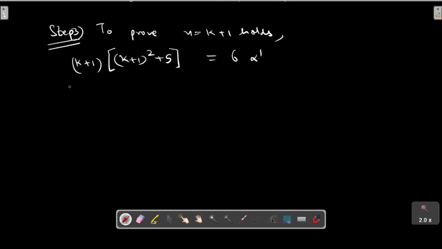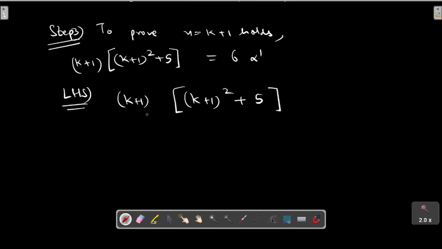Okay, so this gives us LHS is equal to k plus 1 whole square plus 5. So this becomes k plus 1. Let's expand this. It will be k square plus 2k plus 1 plus 5.